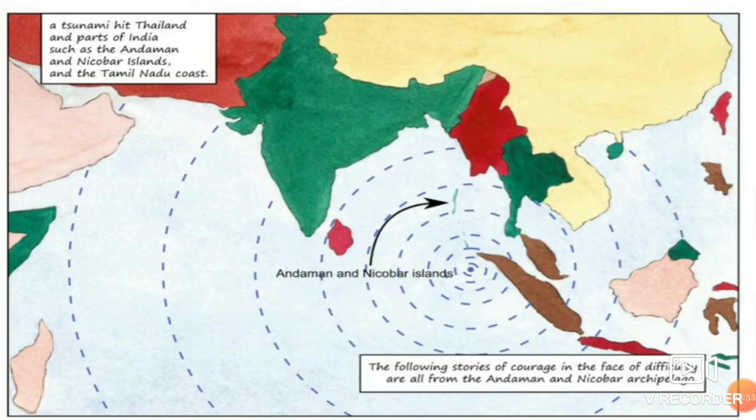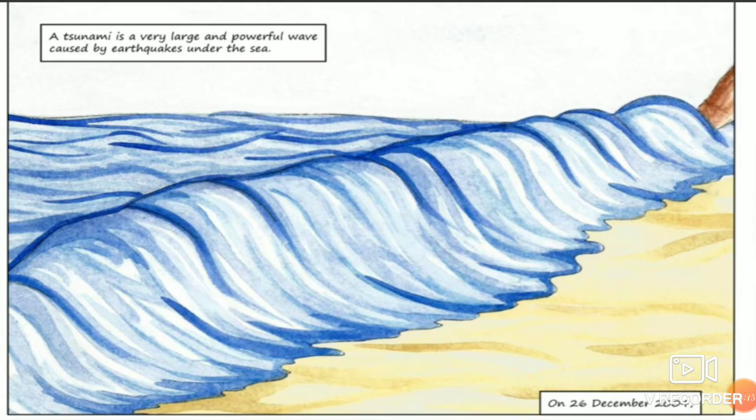The tsunami hit Thailand, traveled in the sea and affected the Andaman and Nicobar Islands of India and some of the Tamil Nadu coast. We are going to see the difficulties faced by the families who lived in these islands. A tsunami is a very large and powerful wave caused by earthquakes under the sea.